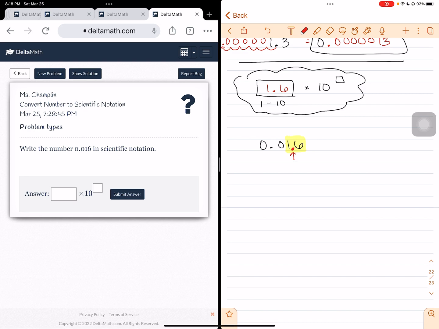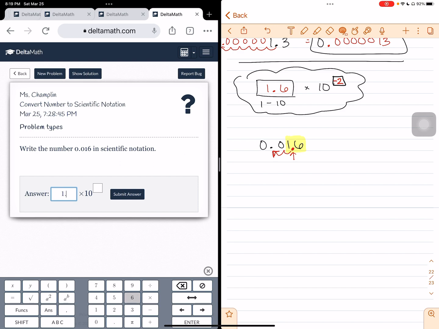And then you ask yourself, okay, well then how would I go back to that original decimal where the actual number is, right? Where the actual decimal is, which is right here. You would have to go to the left 2 times. So that would be 10 to the negative 2 power. Okay, so let's see if that works.